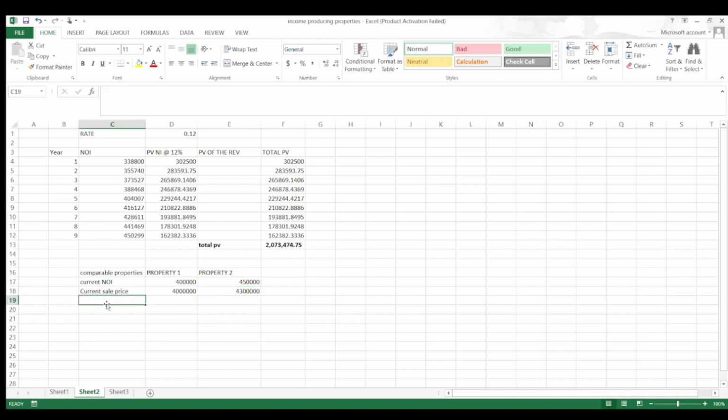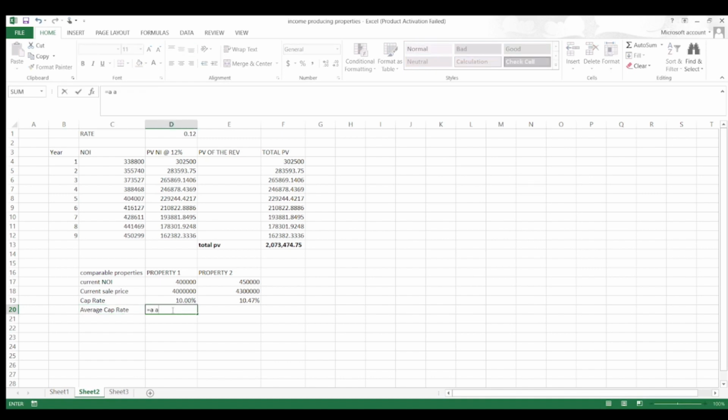With this information, you can calculate your cap rate. The formula for getting the cap rate is simply to divide the net operating income by the sale price, and get the cap rate for each property. Now, you also need to calculate the average cap rate.